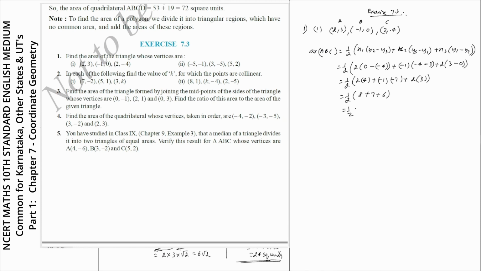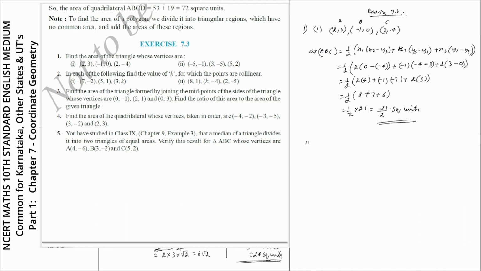Sorry, it's 21. So this is 21 by 2 square units, the area of the triangle ABC.